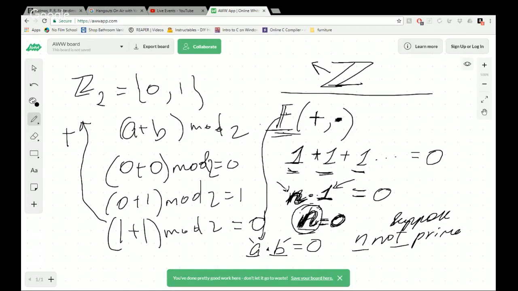Now I know that n is not the 0 from the integers, right? It is definitely a natural number. It's 1 or bigger. Why is that? Because I suppose that we actually have ones that we're adding to each other. So n is definitely bigger than 0. Now we're in a field. We know that when we multiply two numbers in a field and the result is 0, one of those numbers has to be the 0, the additive identity. 1 isn't it, so it has to be n.